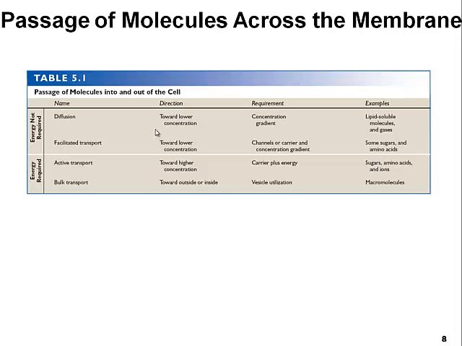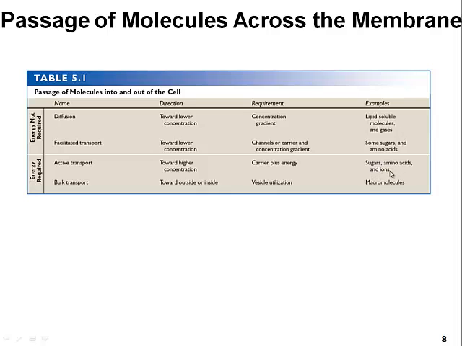It's still passive transport, but it's a molecule like a sugar or an amino acid that can't make its way across the plasma membrane on its own. So it does require a carrier protein to get it across the membrane. Again, we'll come back to that in just a moment. Now we have two types of transport that require energy. Active transport, which we see here, is moving up a concentration gradient from an area of low concentration to high concentration.